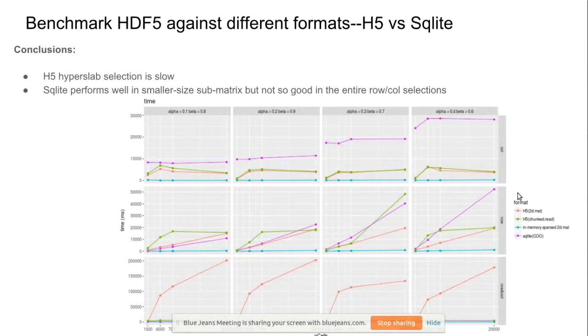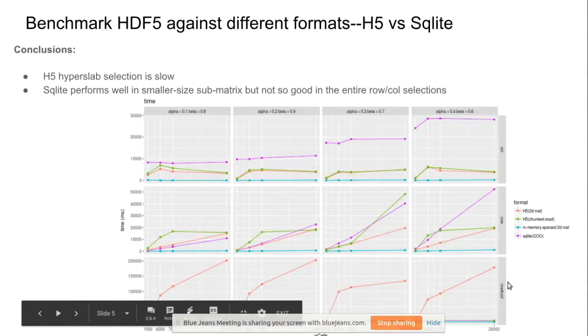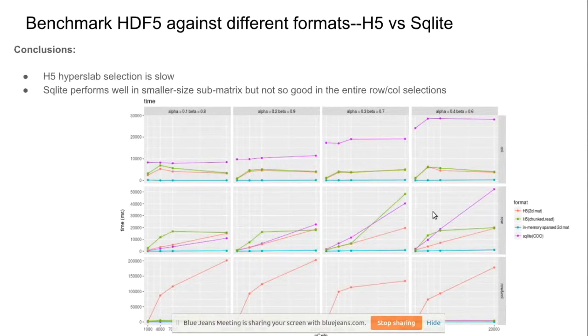The green, I think the green is the H5, but SQLite is only working for the smaller size, both row and column-wise random sub-matrix slicing. When it comes to the entire row and column-wise selection, the coordinate-based storage in the database won't work well. Simply, it's not tailored for that.